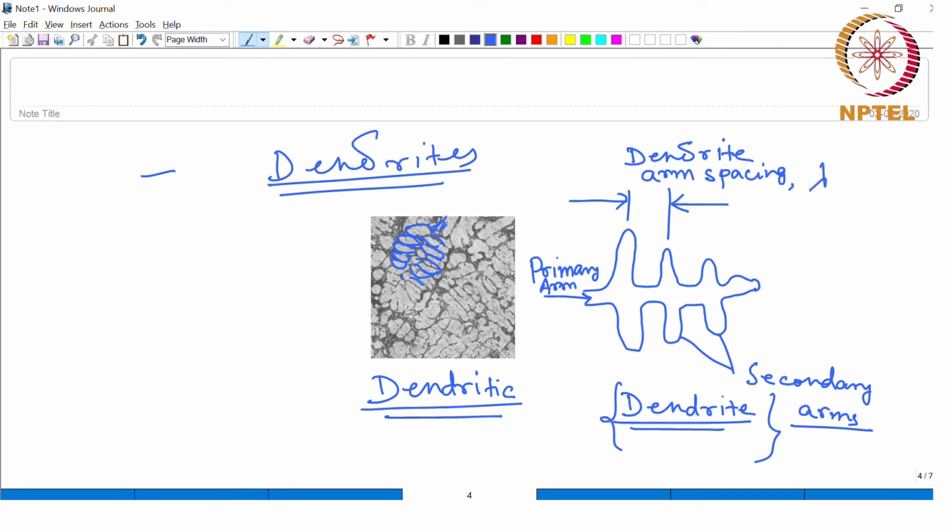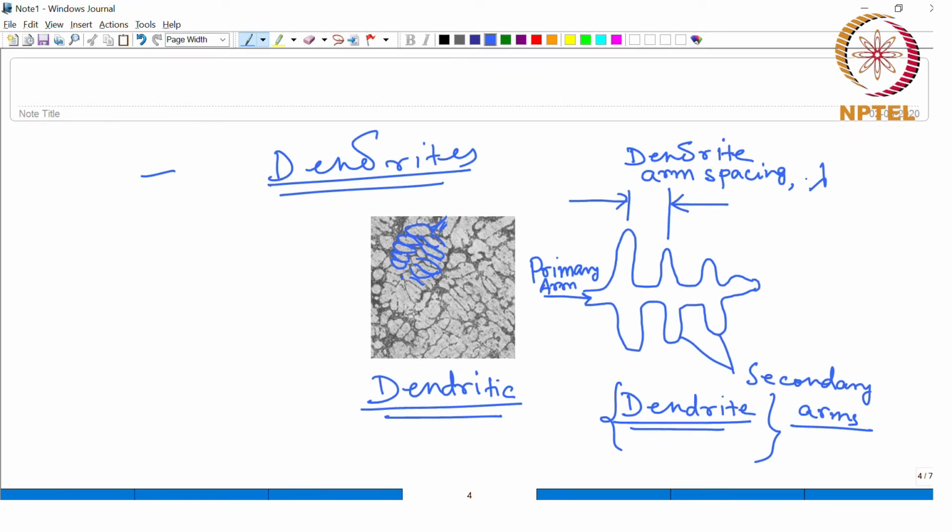This is generally written as lambda. So, these are the parameters which will describe these dendrites, and these features will also describe the microstructure of a solidified metal.